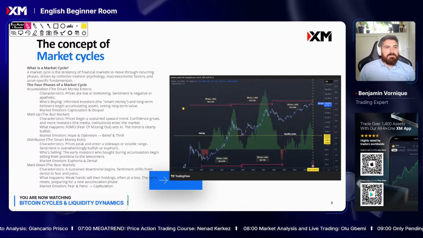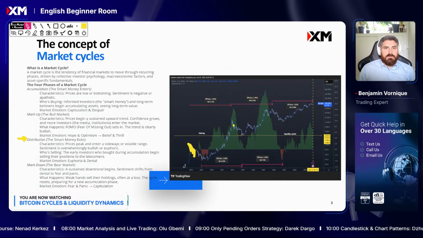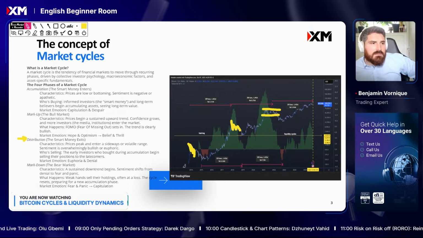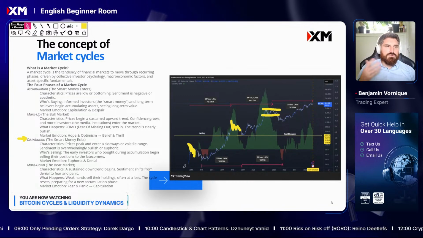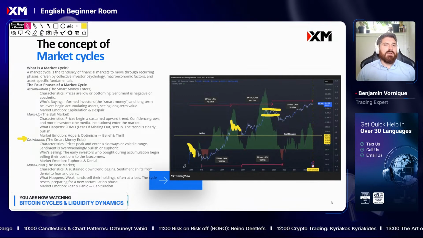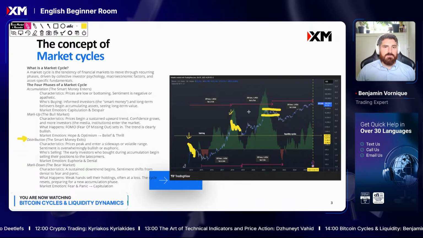Then you do have the distribution, okay? Which is basically here, distribution, here, or here. So the distribution can be different visually, okay? But the idea is that when the price is near the peak, you have either a volatile range, like here, for example, and here, or a sideways range.